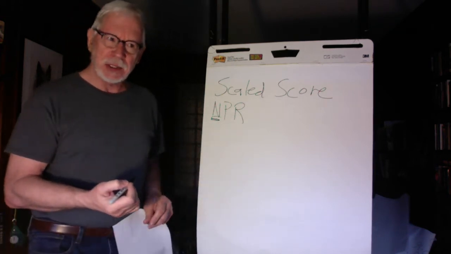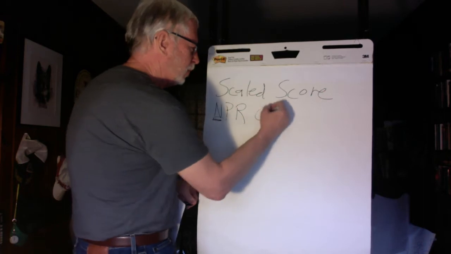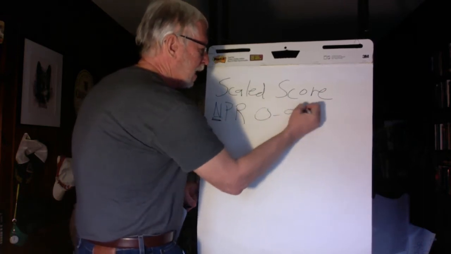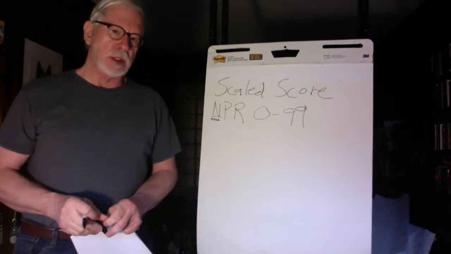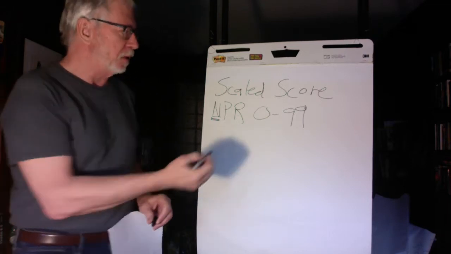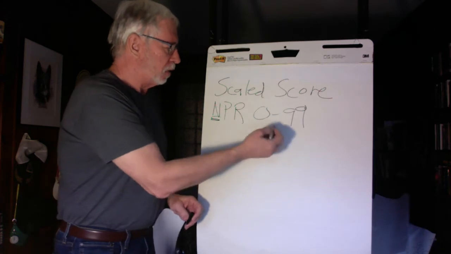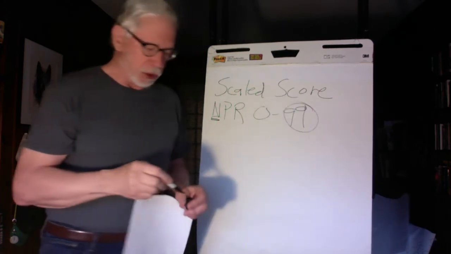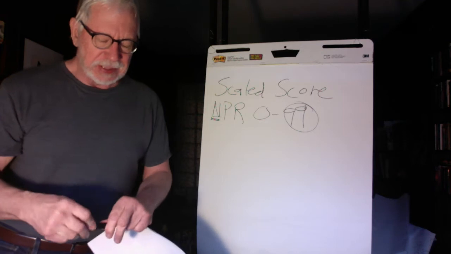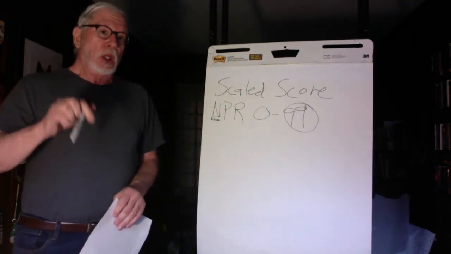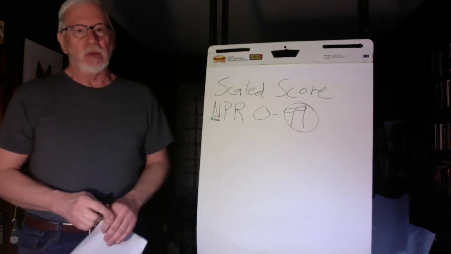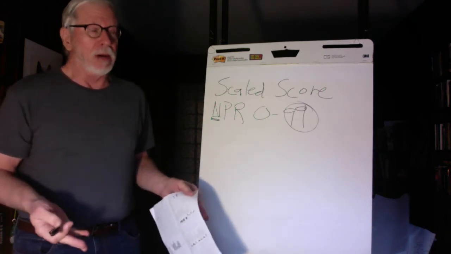Did that make a lot of sense? 0 to 99 are the possible national percentile rank scores. And again, the reason there's no 100 is because if you happen to be at the 99th percentile rank, the very definition of percentile rank means you did better than 99% of your peers. So you are at the top.